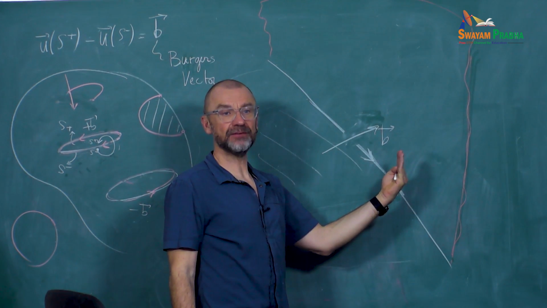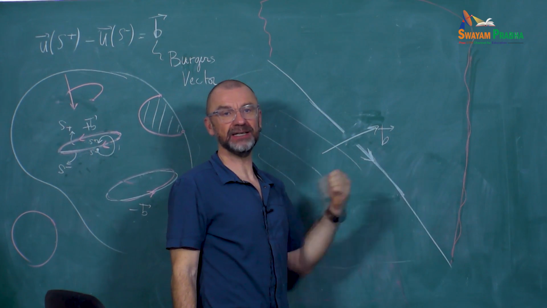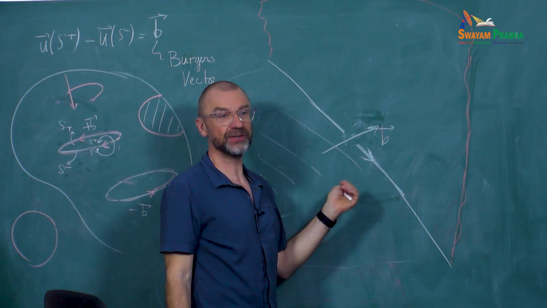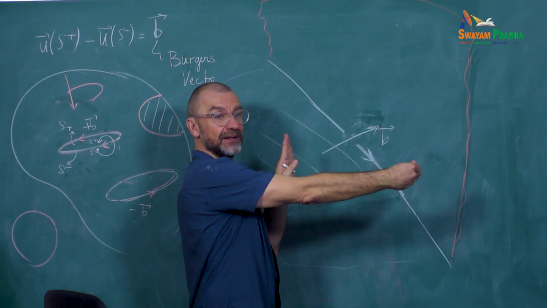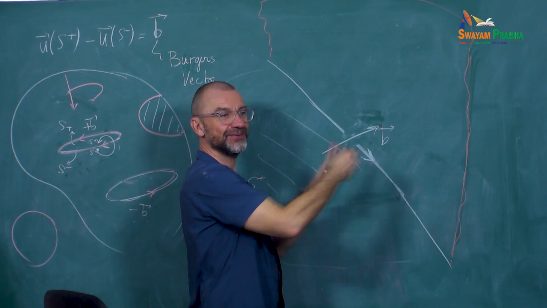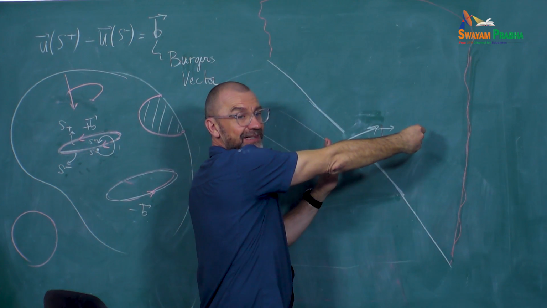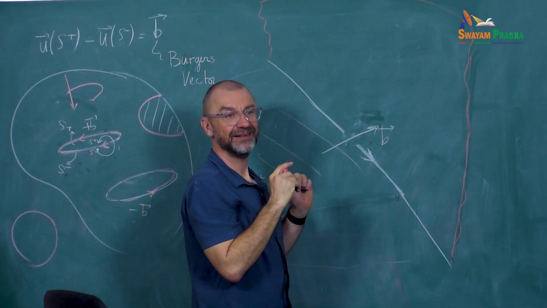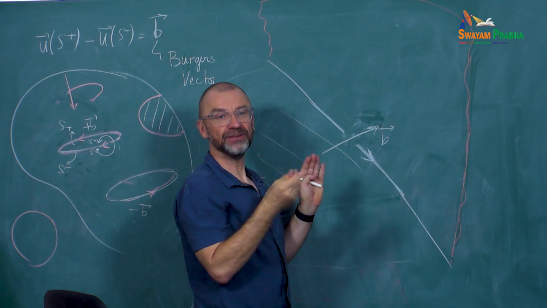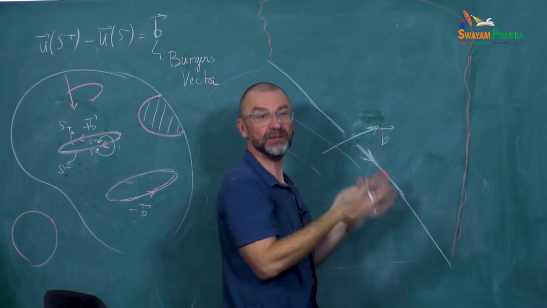And then what kind of displacement do I need to apply to create the same edge dislocation? You need to do this, right? So what kind of loop would that be if you do this? Yeah, interstitial. If you separate the two surfaces and add material, that would be an interstitial loop.